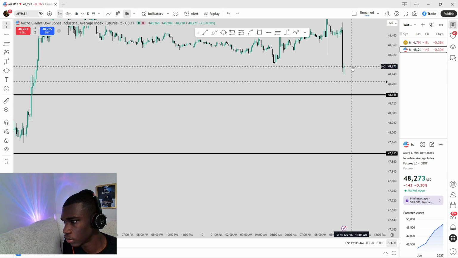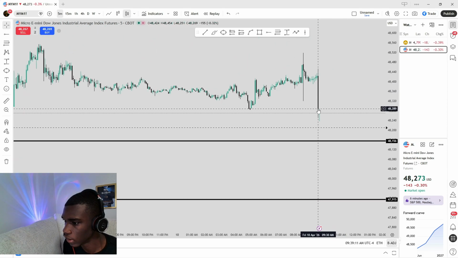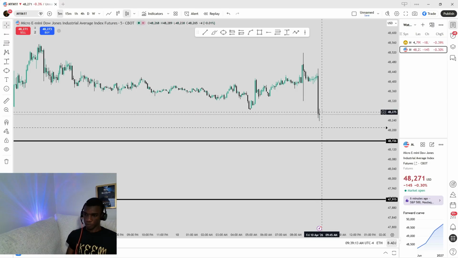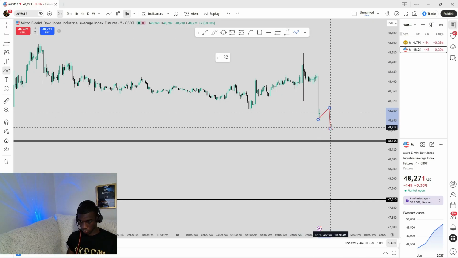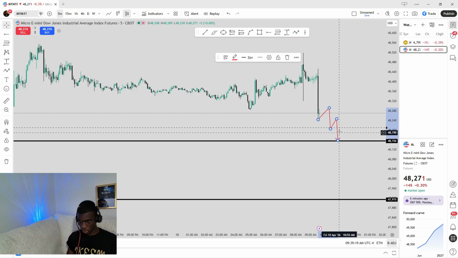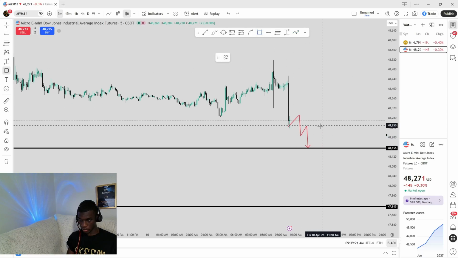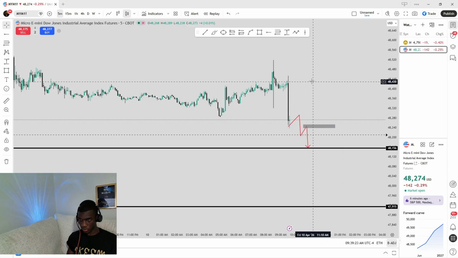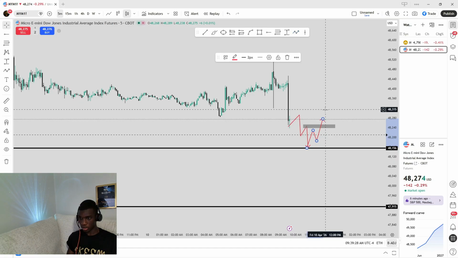I like to see some little structure going down, and then price breaks back above that structure, going back up.